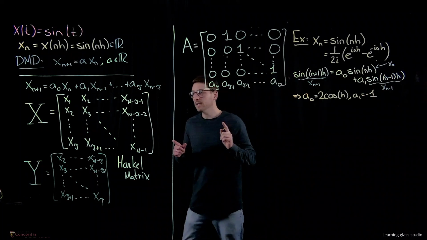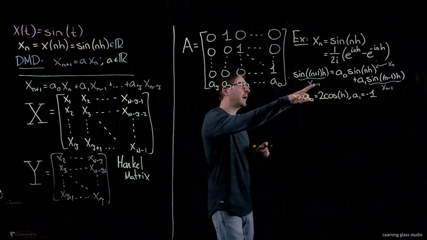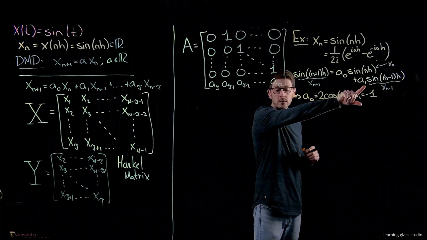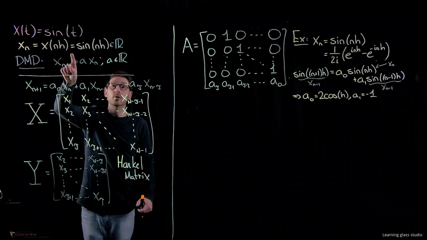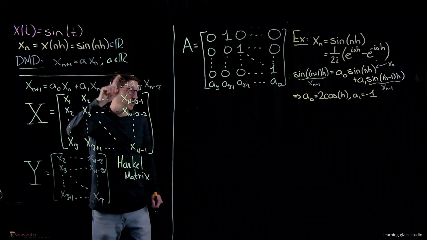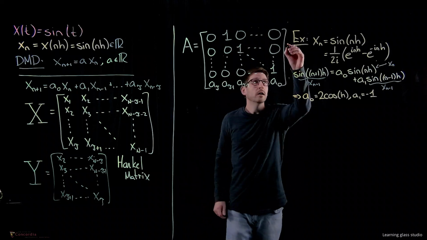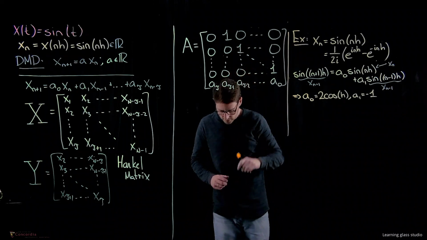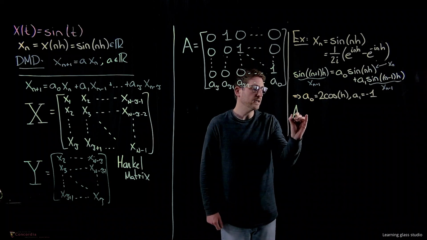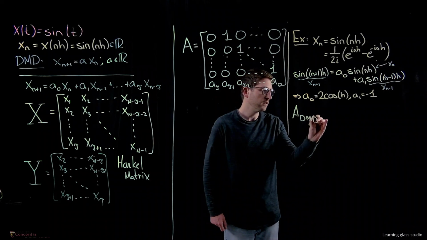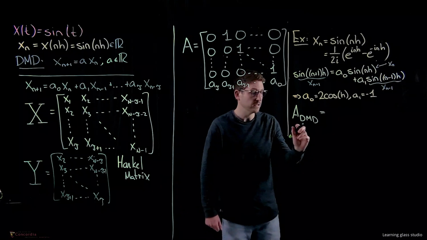And so what that means is that using only one time delay, a1 here, I can fully reconstruct this signal using DMD. Okay? Also, if I put it in terms of this matrix right here, I could find a DMD matrix that looks like this. I'm going to call it A_DMD for the DMD matrix.